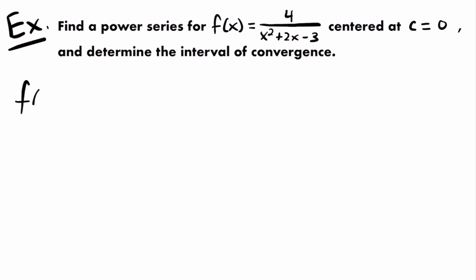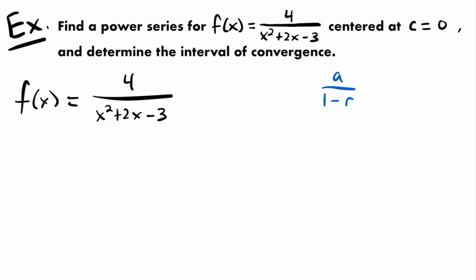Since we're working with this function, where we have 4 divided by x squared plus 2x minus 3, it's not going to be very easy to get that in the form of a divided by 1 minus r. If we didn't have this 2x term, then we would be able to work with this as is, because then our common ratio r would just be working with a value of x squared. But in this case, since we have x squared and 2x and negative 3, that method's not going to work.